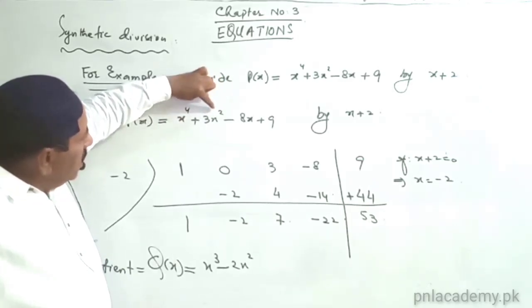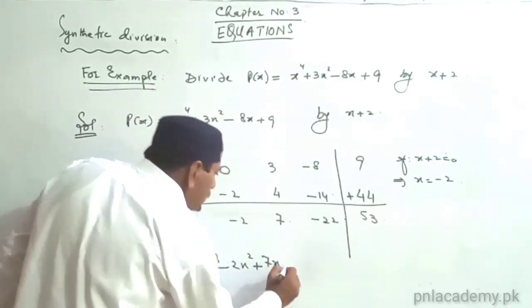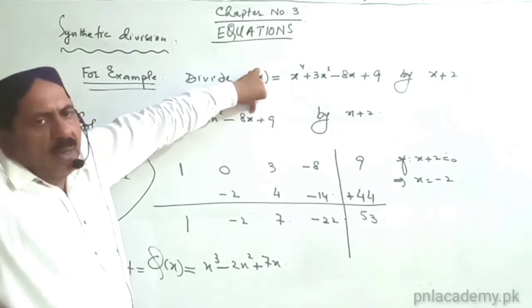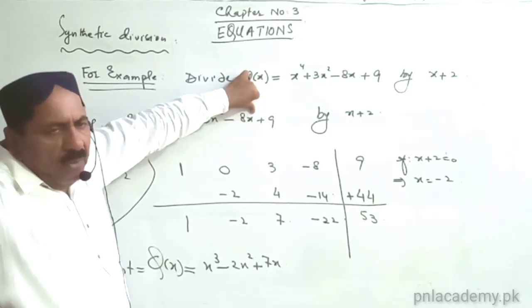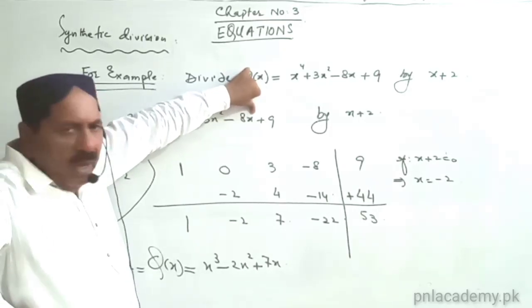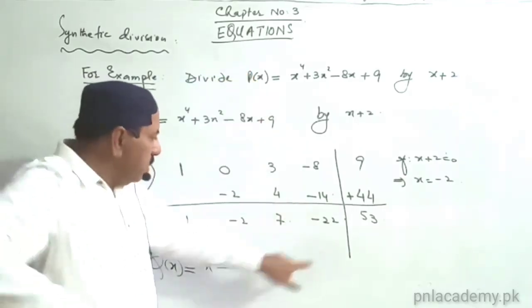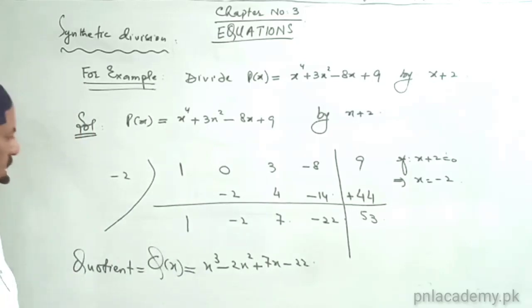So x power 1 means x into 7, plus 7x. Now here at the fourth turn, x holds the degree 1. When we reduce x degree 1 minus 1, the x power 0 gives the value 1. 1 into minus 22, so there is a minus 22. Okay. Now this is a quotient.